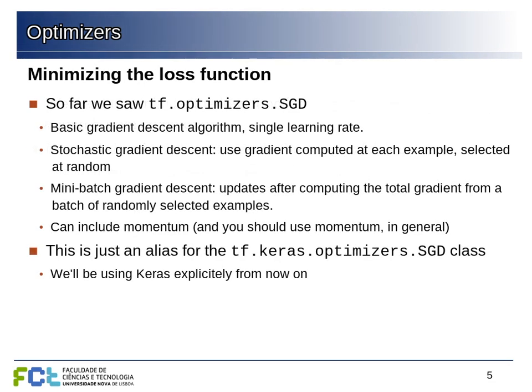So far we've been using this stochastic gradient descent, this SGD. This basically tries to slide down the surface of the loss function by going in the direction of the gradient downwards, but it allows you to also include momentum.